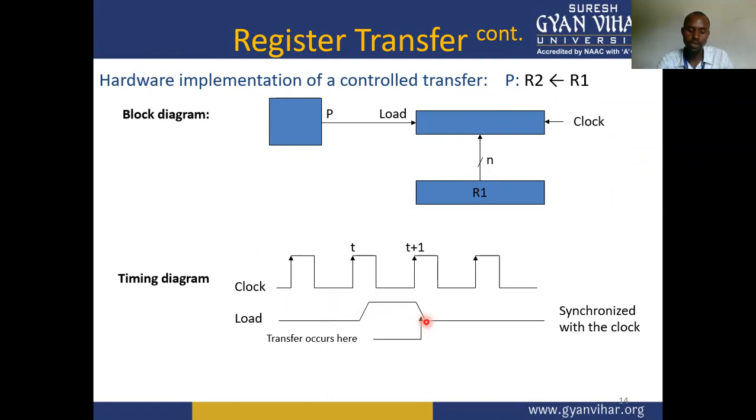That means contents of R1 have been sent to R2. At this time, P removes the control. That means P turns to 0 because transfer has taken place and the clock cycle stops. That means R1 cannot communicate again with R2.